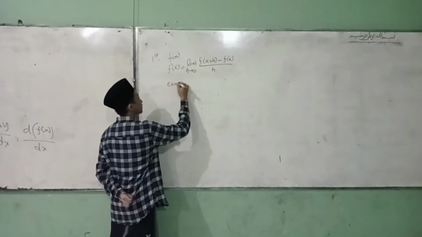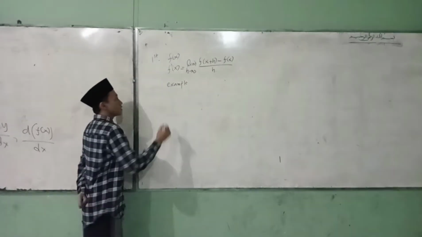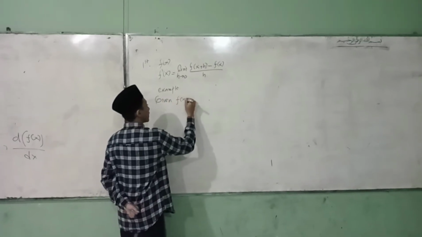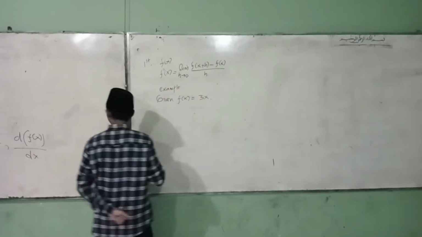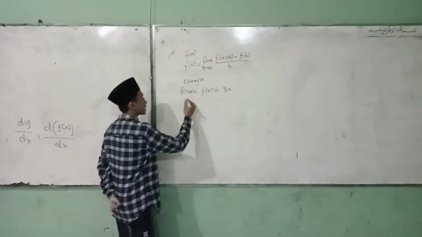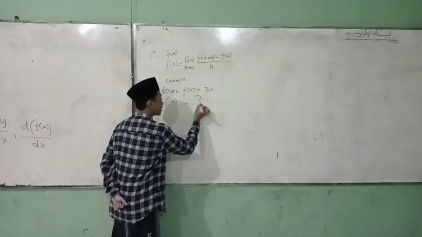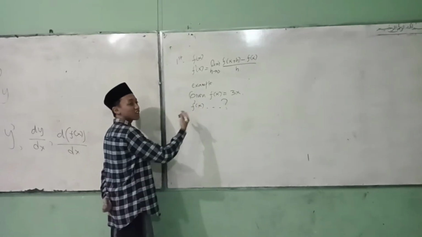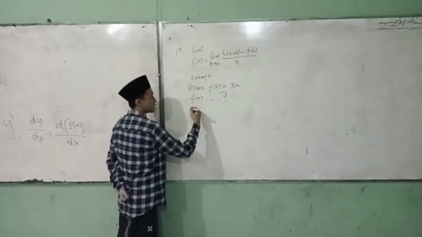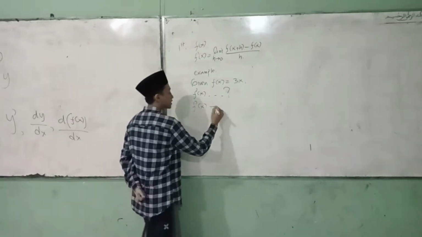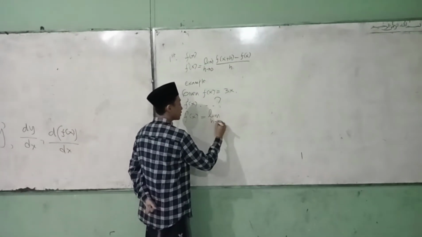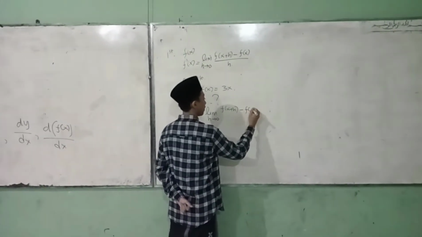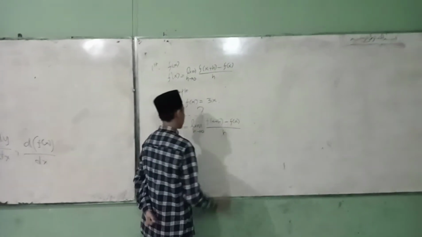For example, given f of x is equal to 3x, we can find the derivative function of f of x by f prime of x is equal to the limit as h approaches 0 of f of x plus h minus f of x over h.